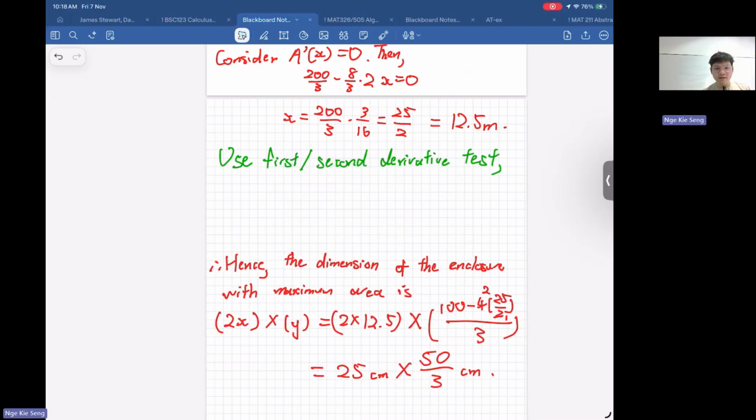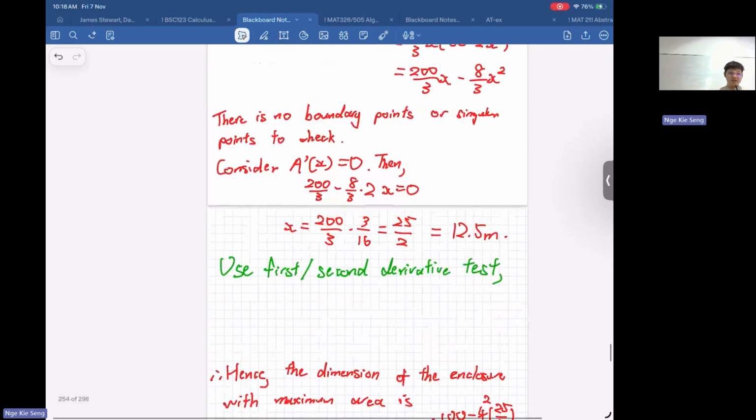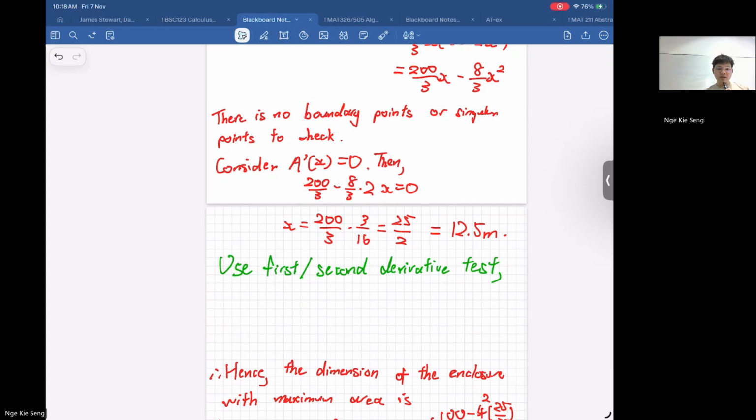So what test do I use here? For this question, the first derivative is nice to check, you can substitute, but I think the second derivative is even nicer. The second derivative is just -8. It's always negative. So the first derivative is good, but the second is nicer.